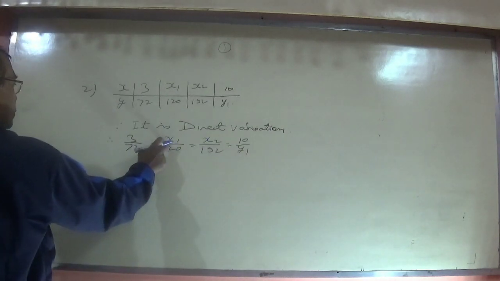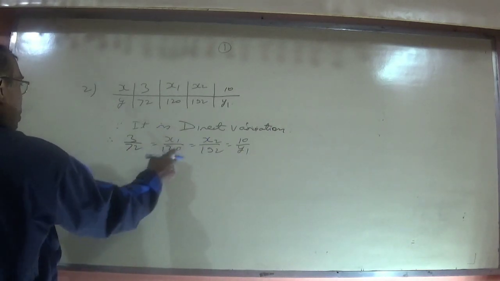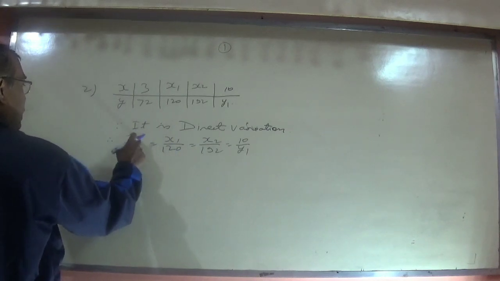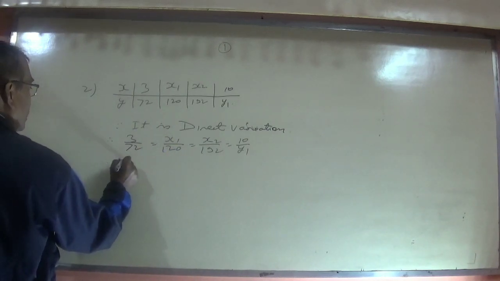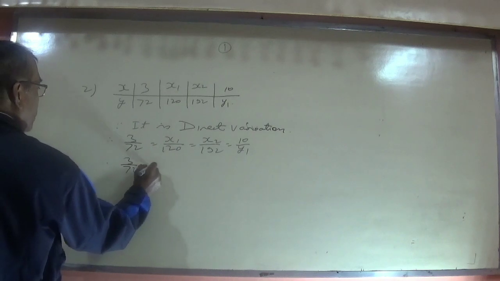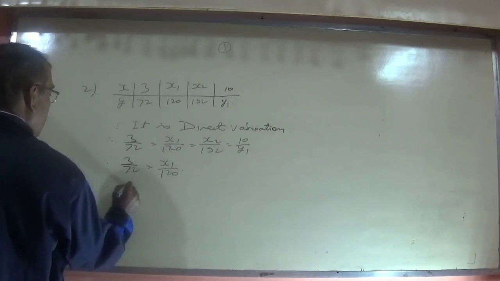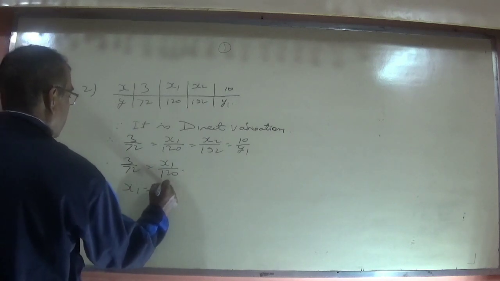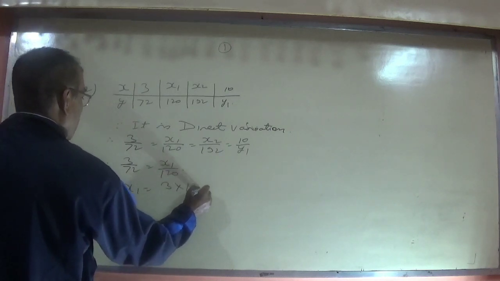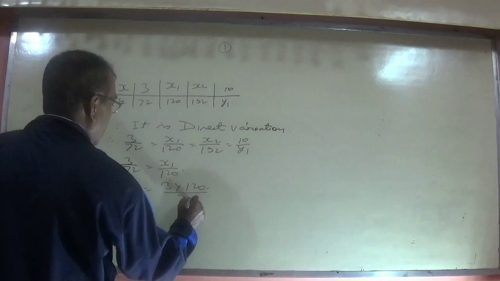For finding x1, just take this pair, because out of these four, 3 and 72 are given. So 3 by 72 will be equal to x1 by 120. Therefore x1 will be equal to 3 cross multiplied with 120 by 72.